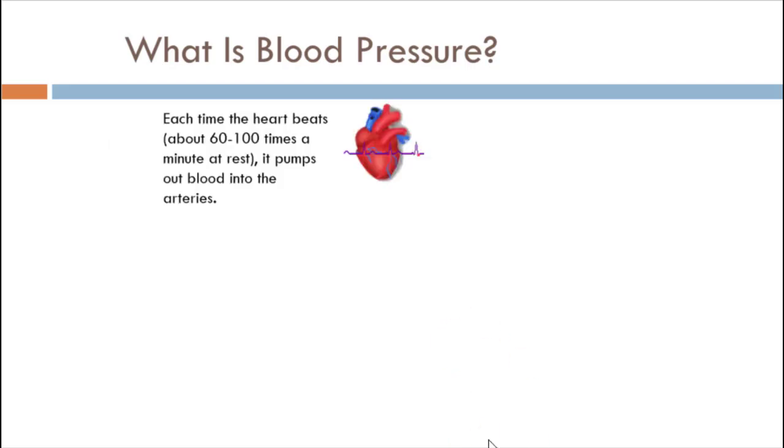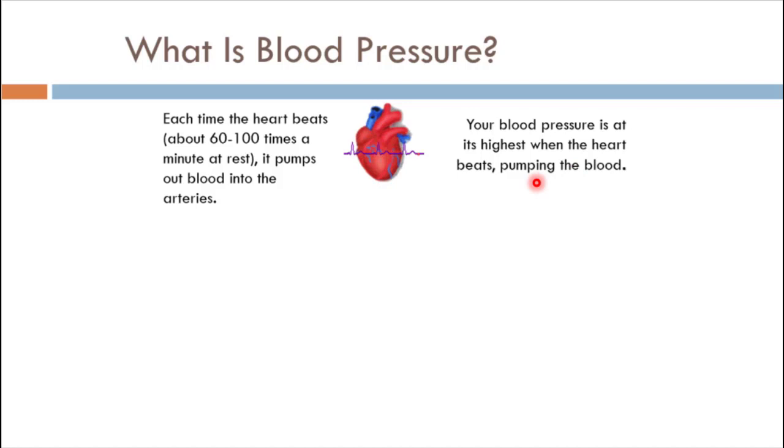So we said that the normal heart rate is between 60 to 100 times per minute at rest. And every time that heart is contracting, it's ejecting a certain amount of blood volume into the circulatory system. It's a pump. Each contraction, it's pushing fluid through, and then each relaxation, it's refilling.